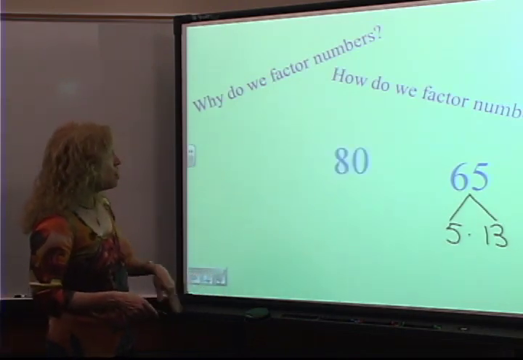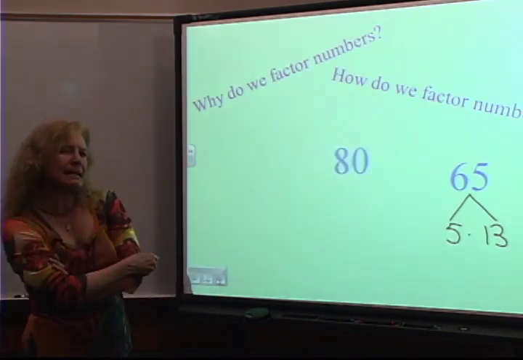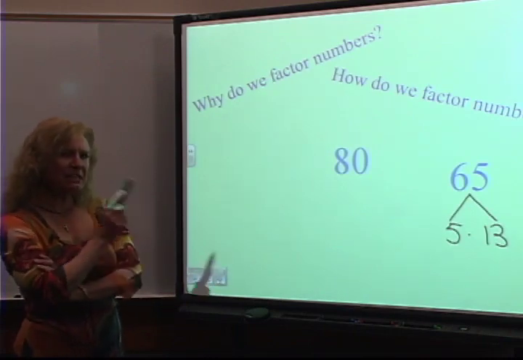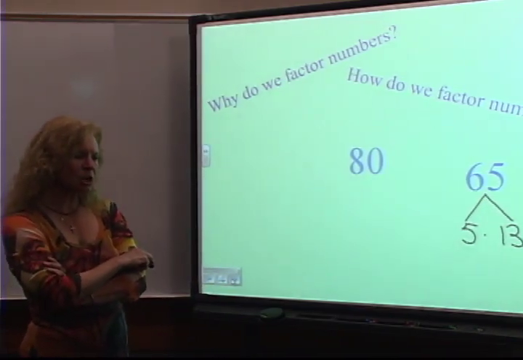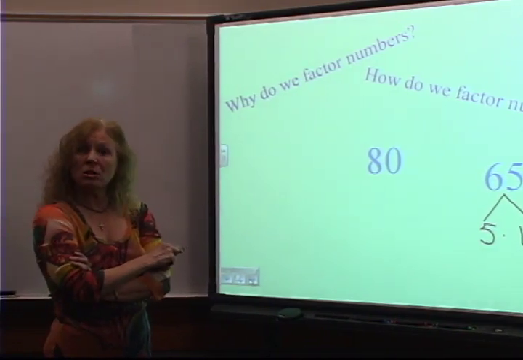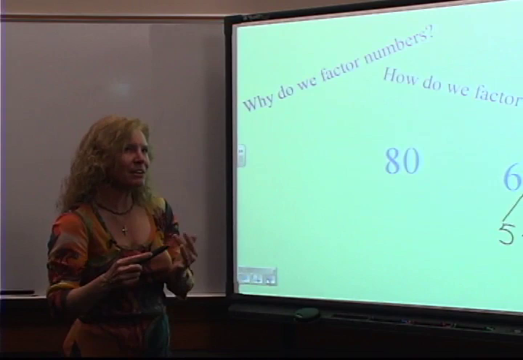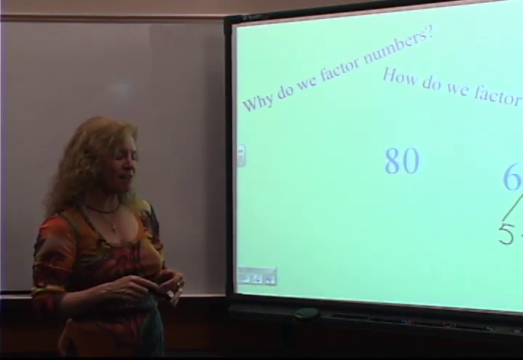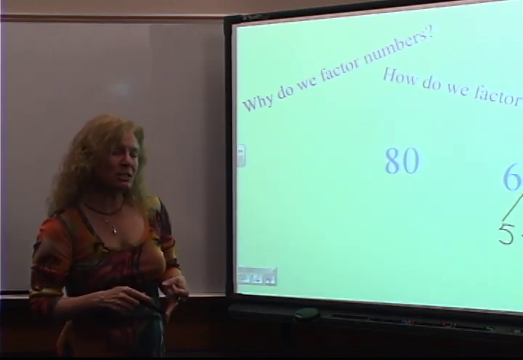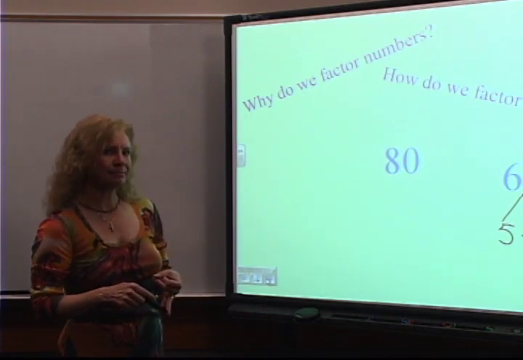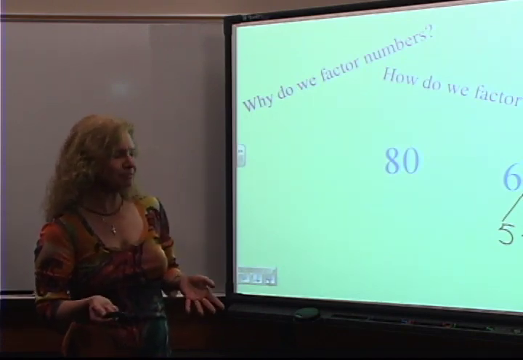Okay. Well, then what about this number 80? If we need to factor 80, we think, well, look, I know a 5 goes into it, right? Because if I multiply by 5, it ends in a 0 or a 5. I know a 2 would go into it. Why? Because it's even.